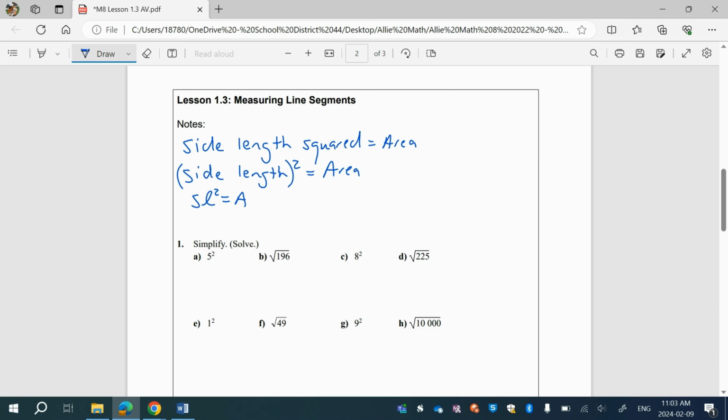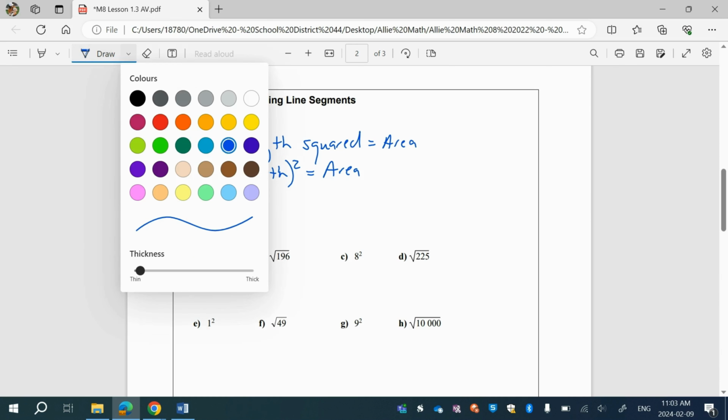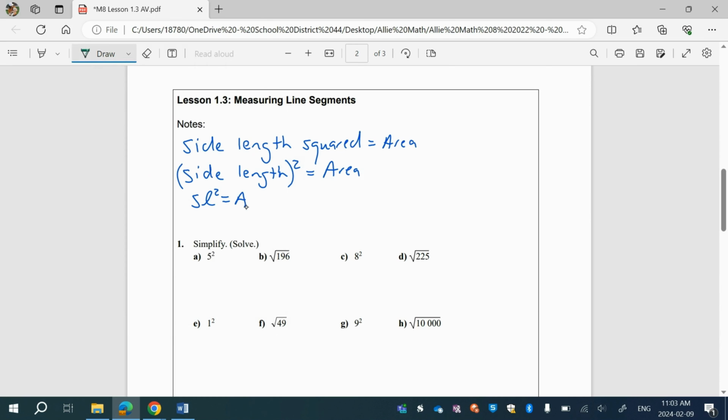And then another part of this is the reverse relationship: the square root of the area equals side length.